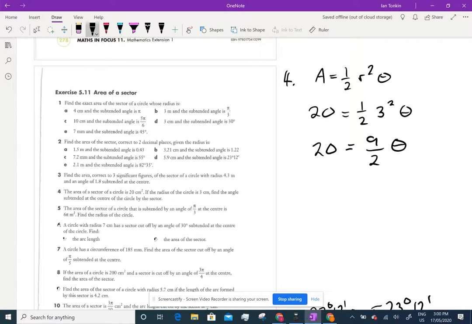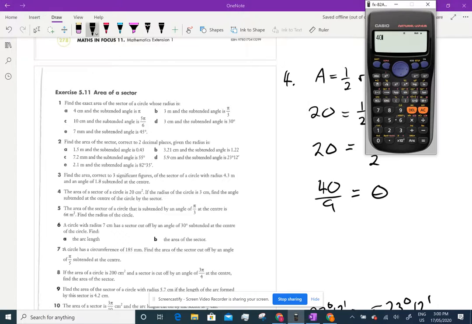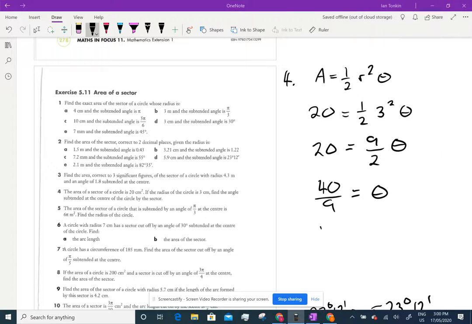So I've just got to multiply by 2 and divide by 9. So I get 40 on 9 equals theta. And pump that out in my calculator. 40 divided by 9, 4.4 recurring. 4.4 equals theta. Do they want it in degrees? No, they don't. And that's radians. So I'll put a little c there because we're doing radians.